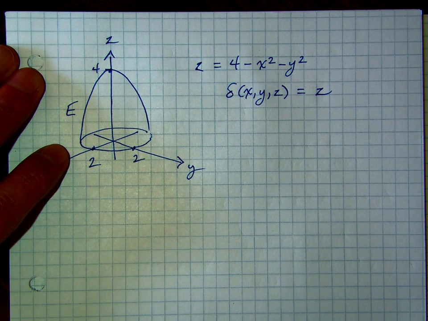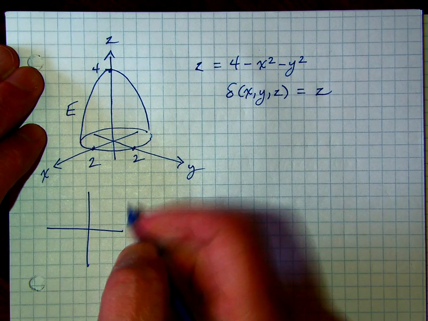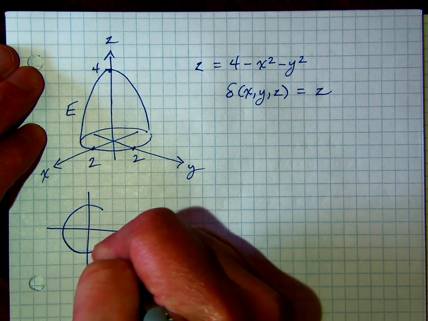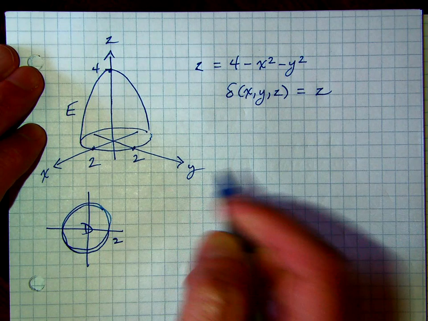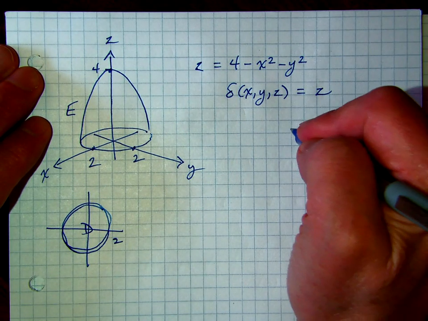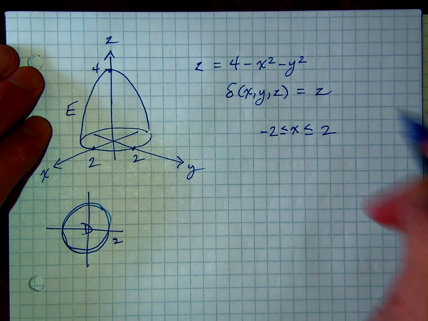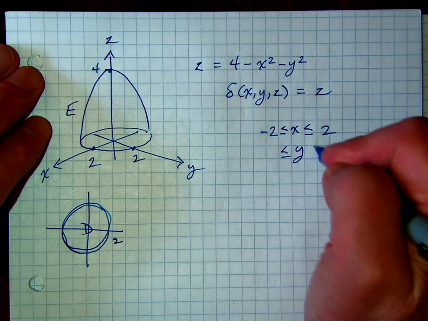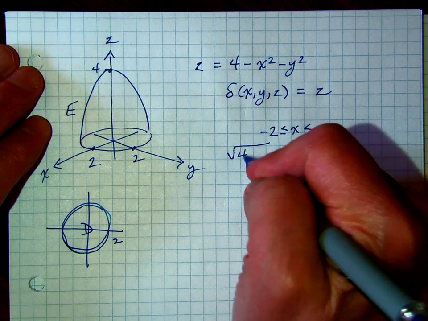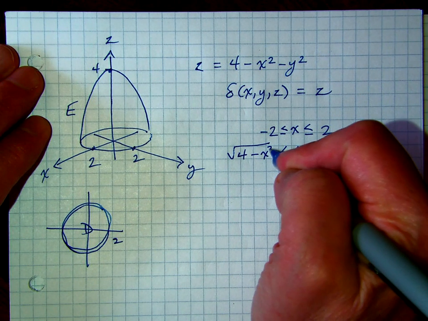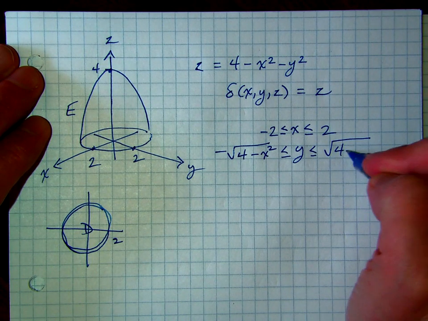How are we going to do this? Well, if you look at the base, it is just a circle of radius 2, D. So x would go from -2 to 2. And y would go from minus the square root of 4 minus x squared.